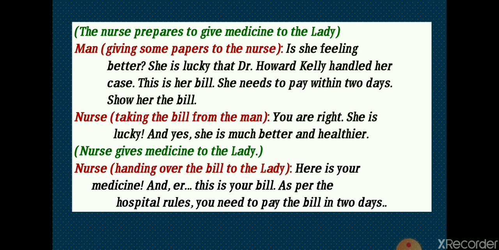She's lucky. And yes, she's much better and healthier. Nurse gives medicine to the lady. Nurse: Here's your medicine and this is your bill. As per the hospital rules, you need to pay the bill in 2 days.